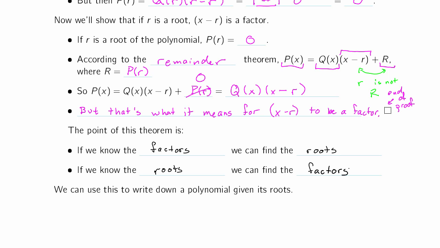In reality, what we're going to actually do is kind of an interplay between those things. We'll guess a factor, and that'll help us find some roots. And then we'll guess a root, and that'll help us find some more factors. But one of the first things that this lets us do is it's one of our main ways of writing down polynomials. We can now write down a polynomial given the roots of that polynomial.